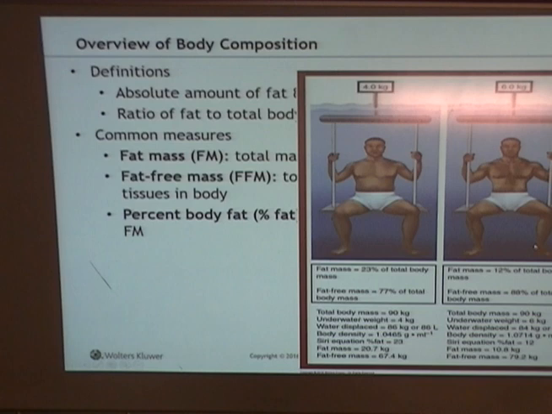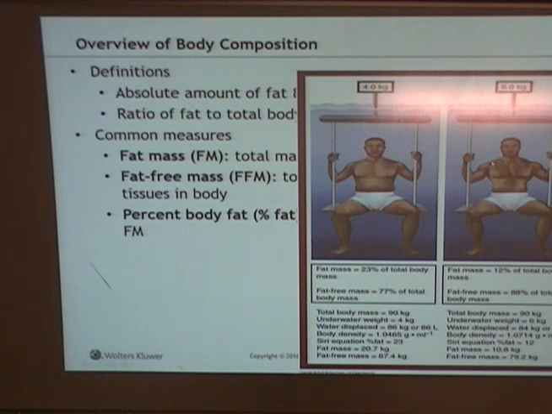Now, the chap on the right also weighs 90 kilos, but his fat mass is 12%, and his fat-free mass is therefore 88%. So you can see that the gentleman on the right is much leaner, has probably a lot more bone density and a lot more muscle mass. Okay?